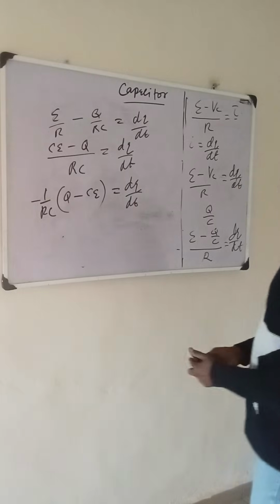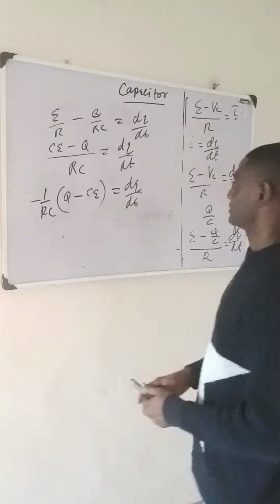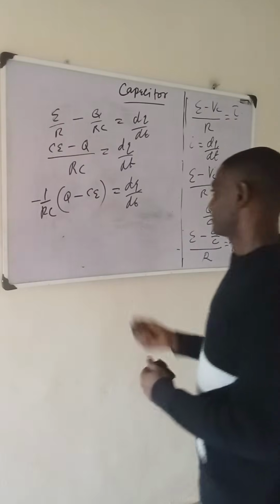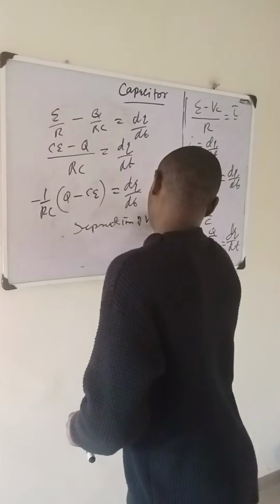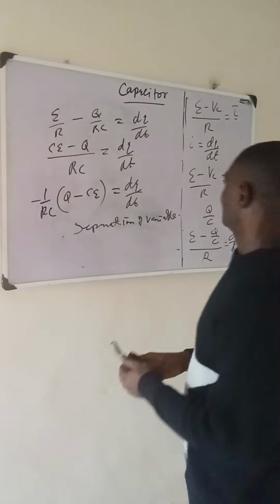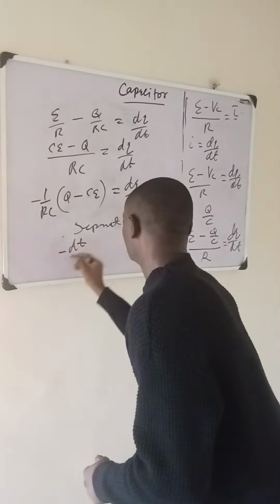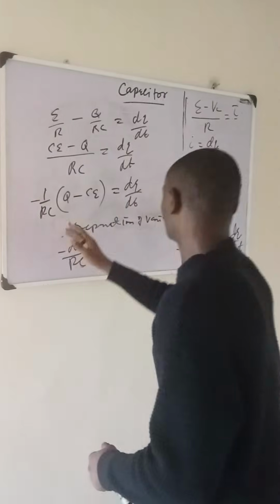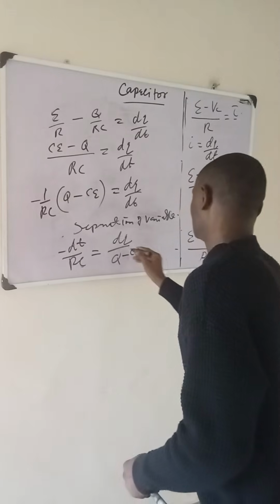So now that we have this, we can deploy our normal separation of variables. If we do that, we have negative dt over RC is equal to dq over q minus CE.